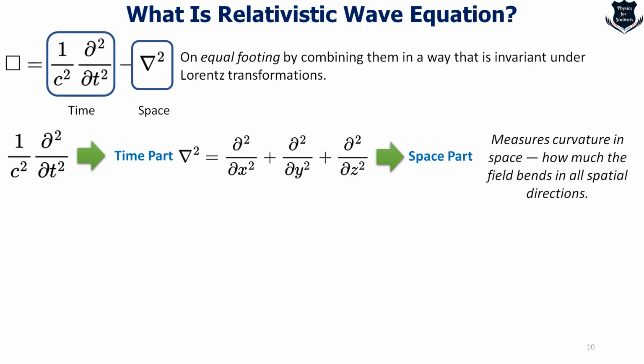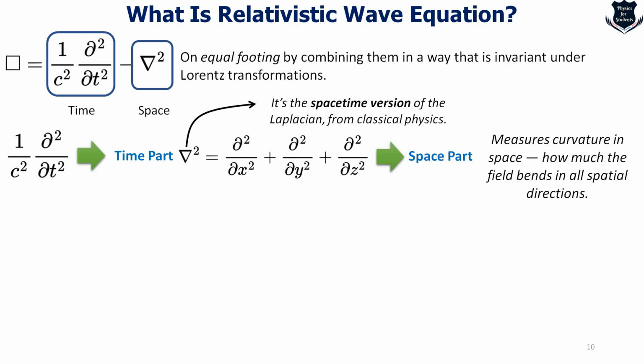It measures the curvature in space, how much the field bends in all spatial directions. Those who understand the Laplacian will see that this nabla squared is the spatial Laplacian from classical physics, and the D'Alembertian is its space-time version.